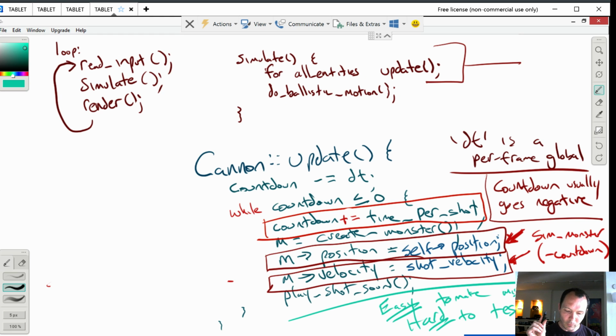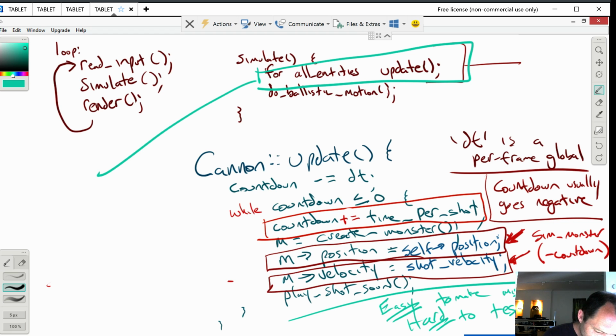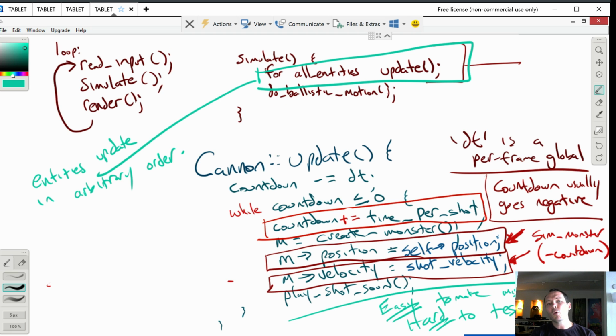So here's another thing to at least be aware of, because we're not done with all the problems here. This is a problem, in the sense that entities update in an arbitrary order, which means that whatever order you're visiting them in this for loop is going to determine the outcome of events in some situations.